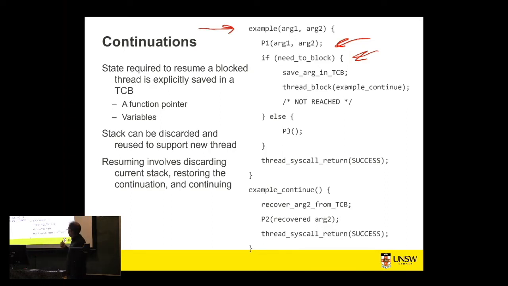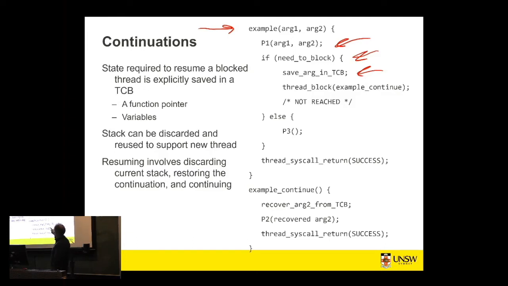So now we have to explicitly identify what we need to use in the future and where we would like to go in the future. Here we've chosen the thread control block as the place to save our state. This pseudocode on the slide implies that we pick the argument that we need in the future, which was the argument for P2, arg2, originally passed in, and we store it on the TCB.